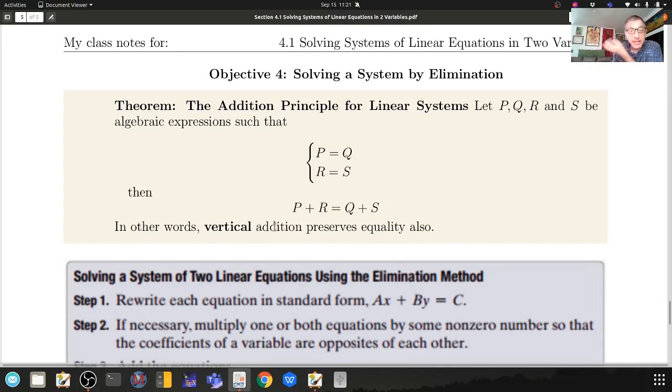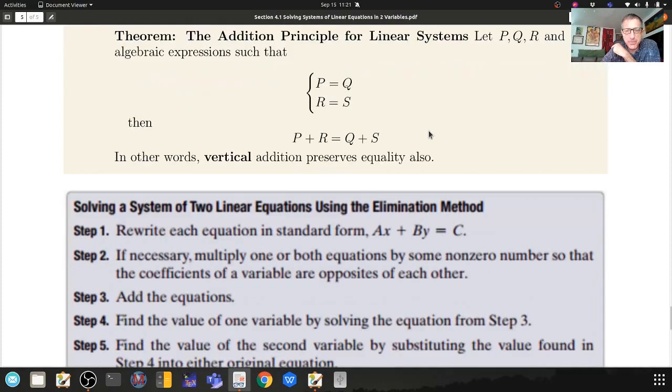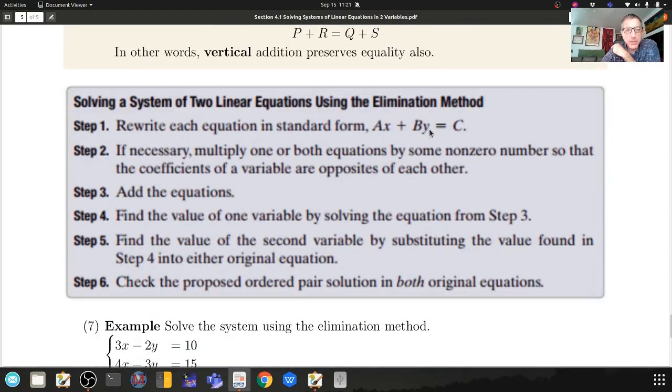Remember, subtraction is just another form of addition when you're adding the additive inverse of a number. And that's exactly how we're going to proceed: we're going to use vertical addition, and our whole point is going to be to eliminate a variable. So the first thing we will do is rewrite each equation in standard form, Ax plus By is equal to C. So we're not solving for a variable.